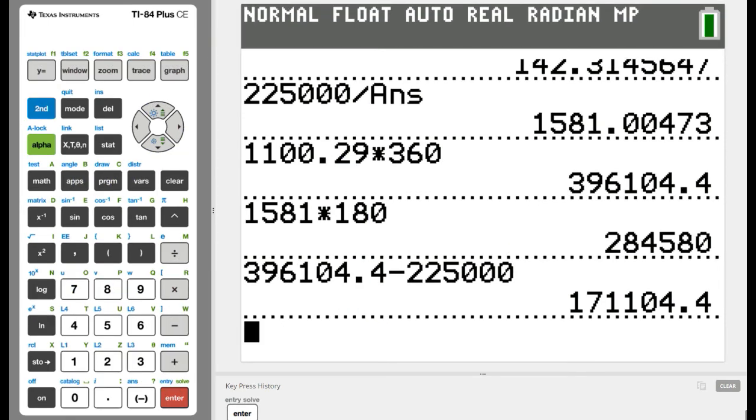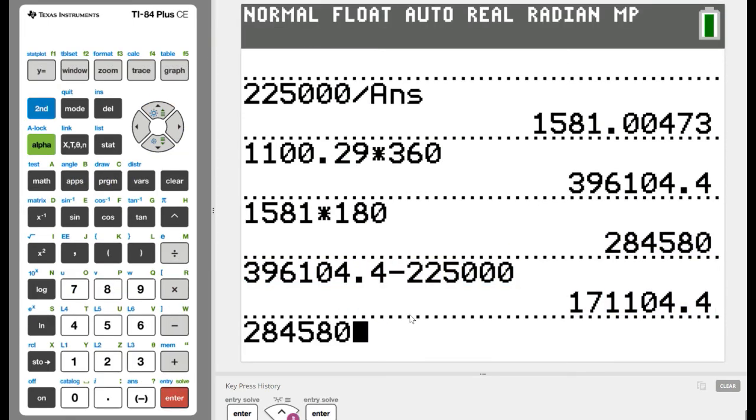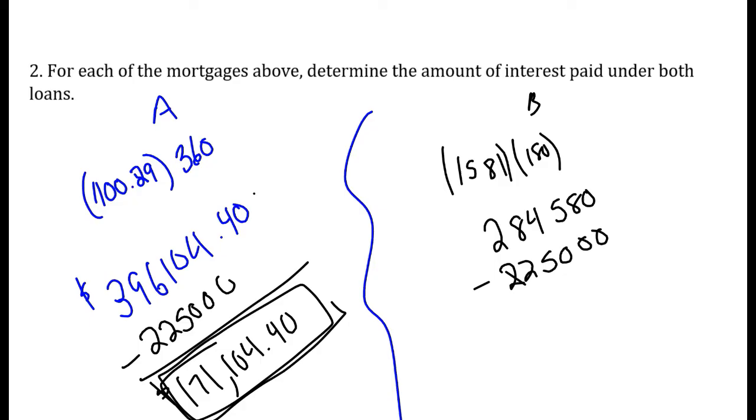Whereas the second mortgage, I'm only paying about $60,000, $59,580 in interest. So by paying an extra $500, let's say a month, I'm saving myself in the long run over $100,000.